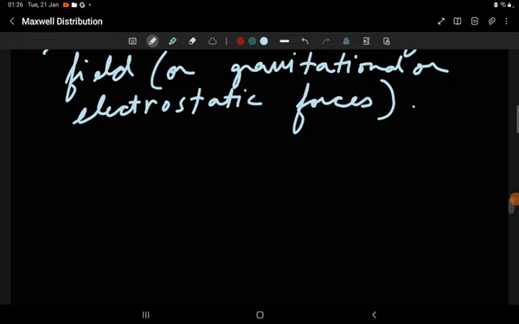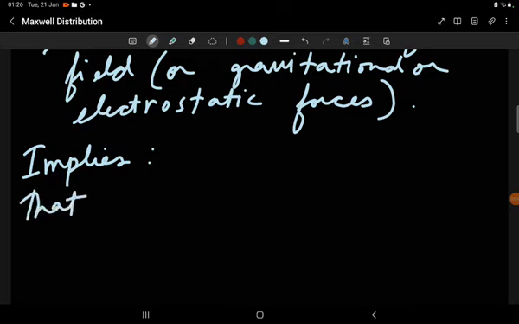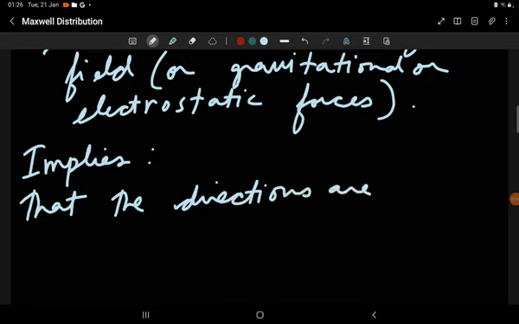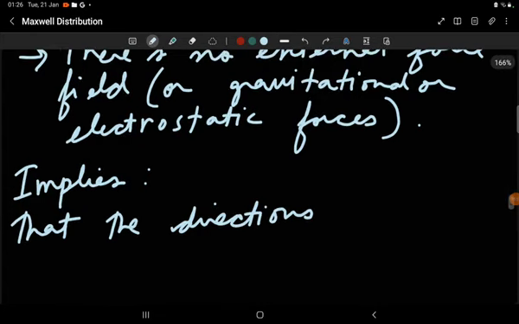These three assumptions imply the most important thing, that the directions are not different from each other.